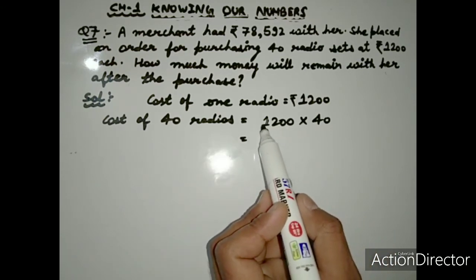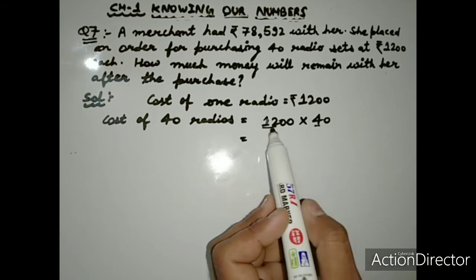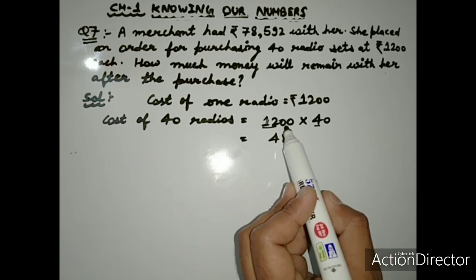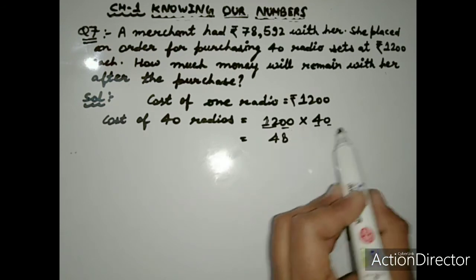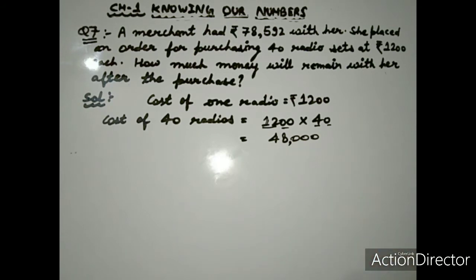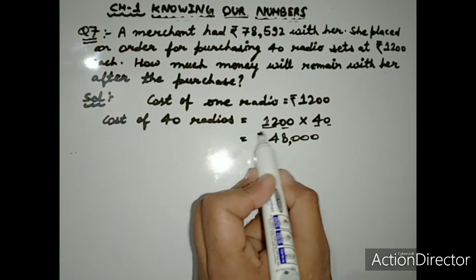Here we use the shortcut method of multiplication. We multiply only these numbers, 12 times 4 is 48, and after that we put the total zeros, 1, 2, 3. So here we get 48,000. So the cost of 40 radios is equal to 48,000.